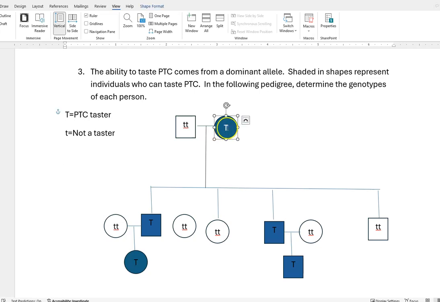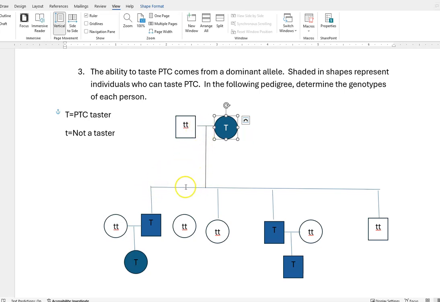So we have a dominant allele for this parent here. So this is the mom, this is the dad. The line going down represents all their children then, right? So this line across represents a union between this individual and this individual, and now they have children which are seen in that next generation.